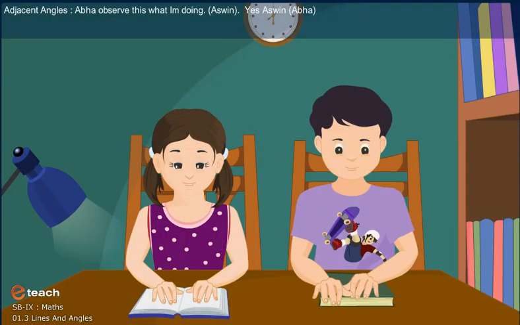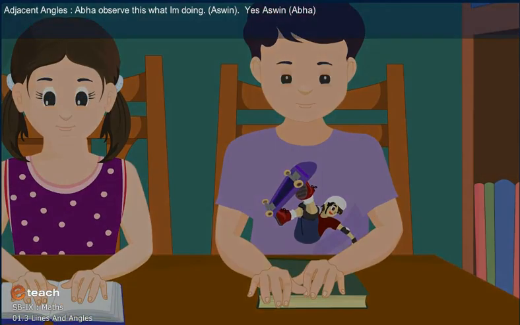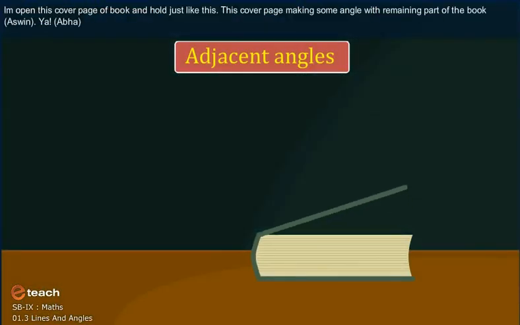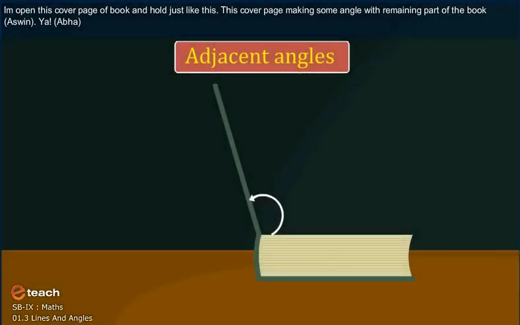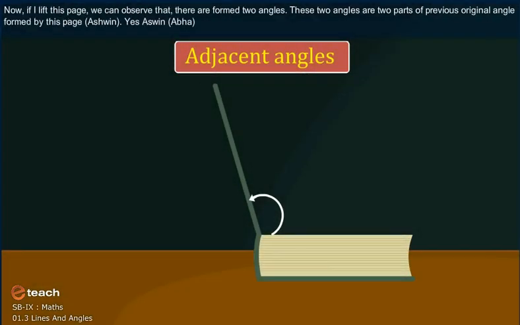Adjacent angles. Abha, observe what I am doing, says Ashwin. Yes Ashwin, says Abha. I open this cover page of the book and hold it just like this. This cover page is making some angle with the remaining part of the book, says Ashwin. Yes, Abha says. Now, if I lift this page, we can observe that two angles are formed.